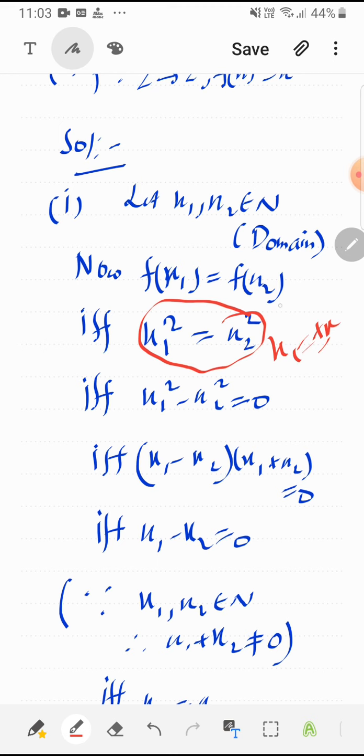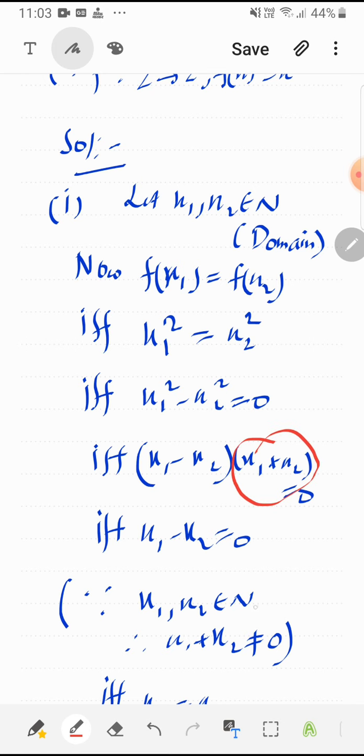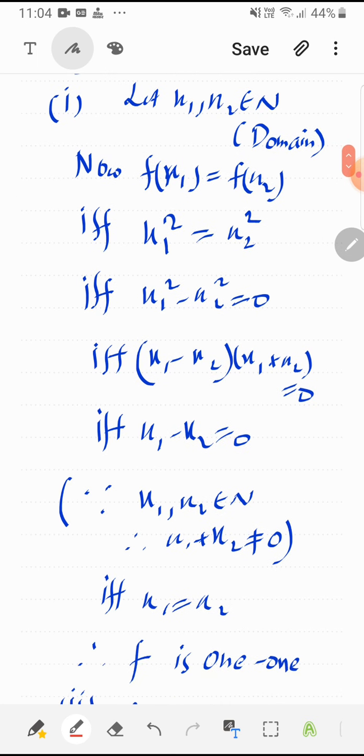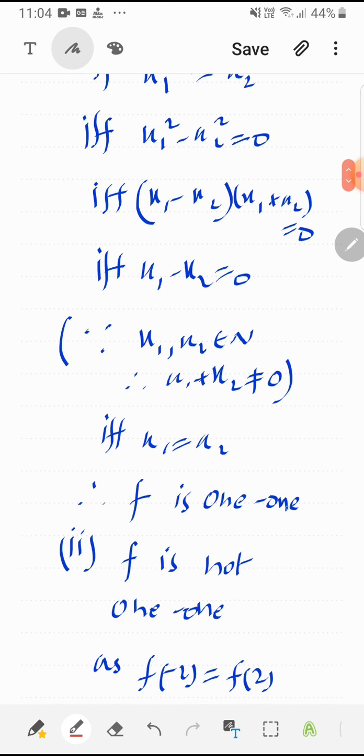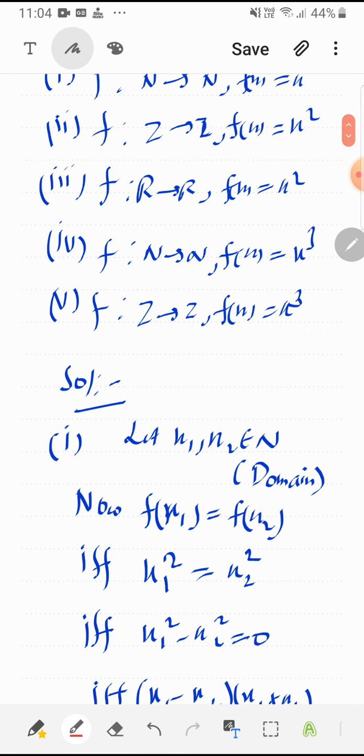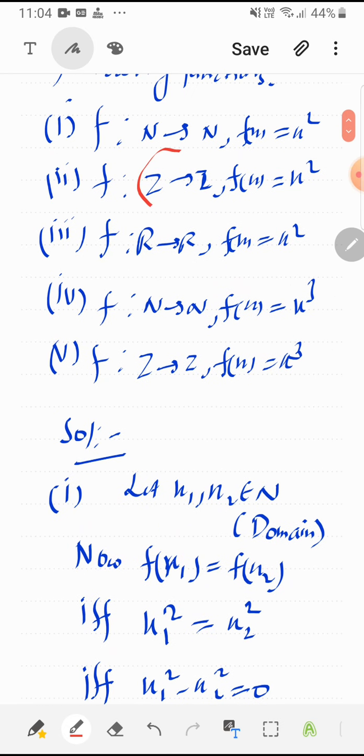So it's better to shift this term to the left hand side, apply the a square minus b square formula, and then remove this factor. Why? Because two natural numbers can't give sum 0. So x1 is equal to x2 is the only solution option left. So f is one-one.